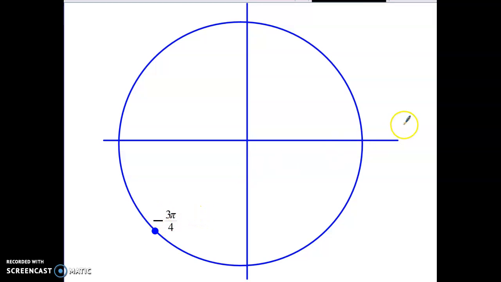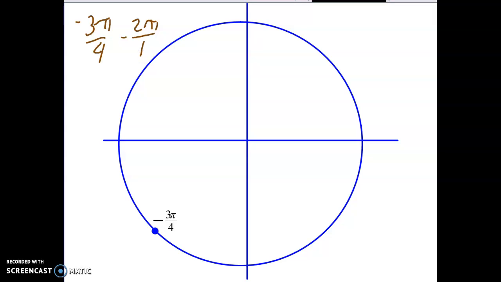Okay, so if I'm here, that means my initial side was here, and I went this way around the unit circle. I went clockwise to get to here. So what if I go all the way around the unit circle again? So negative 3 pi over 4, subtract 2 pi, which we just said is 2 pi over 1.